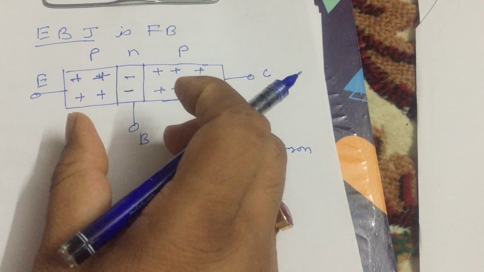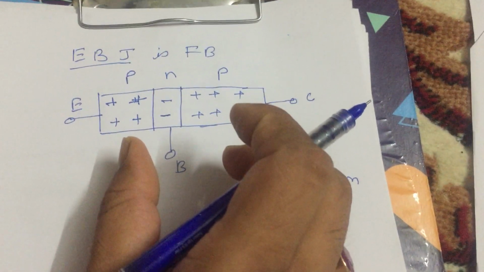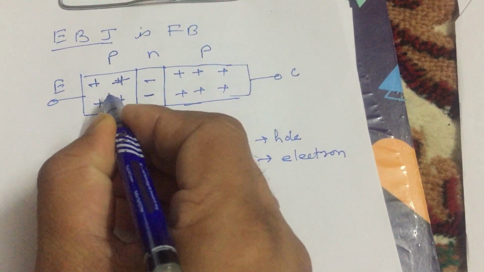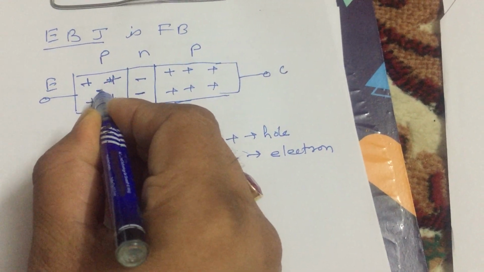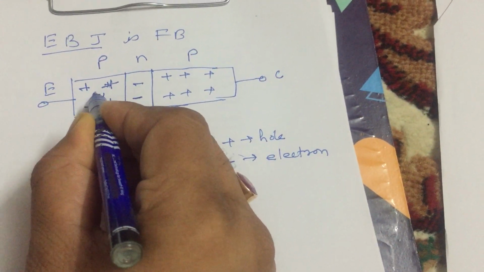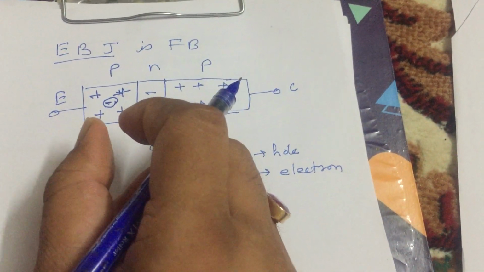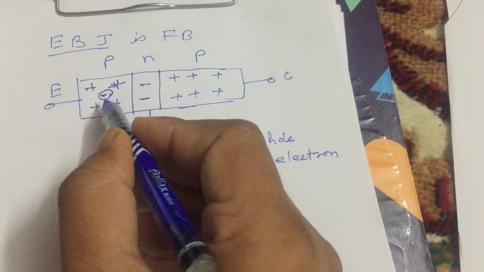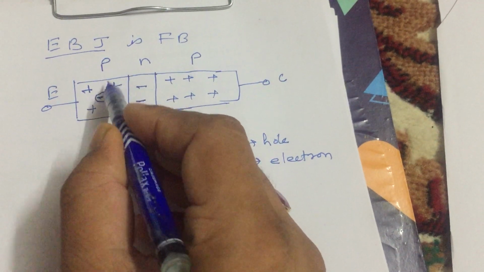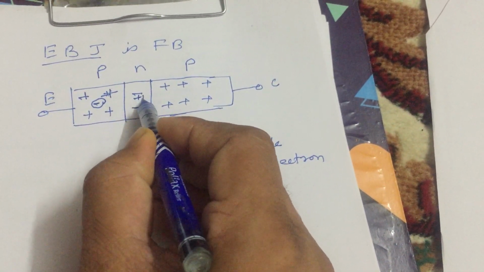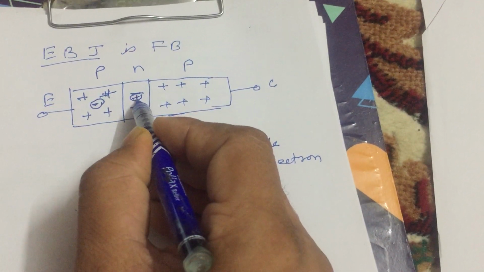Now there are also some more temperature generated carriers. These are minority carriers. So we are putting minus here and encircling them. This simply indicates these are minority carriers. So this negative electron in P-type semiconductor is a minority, and here is some plus and it is encircled, meaning it is again a minority.